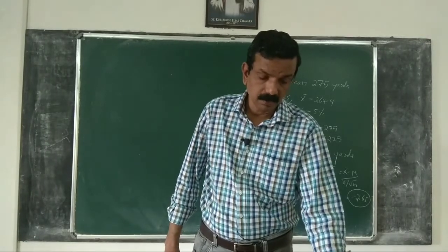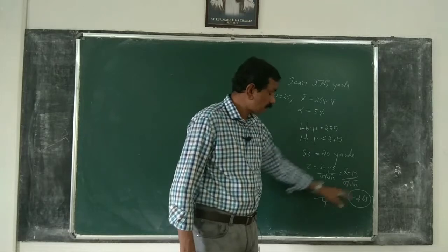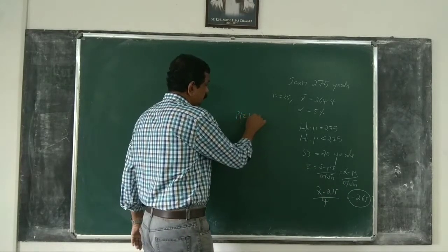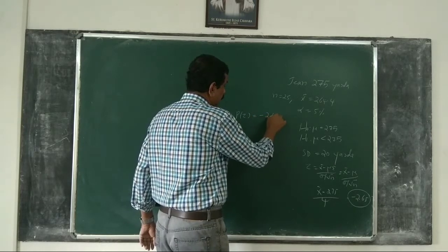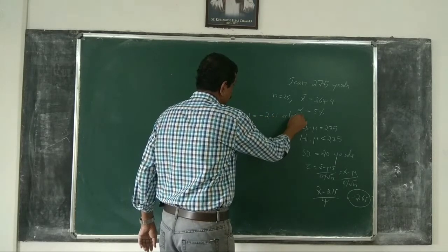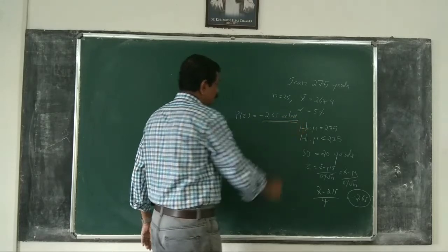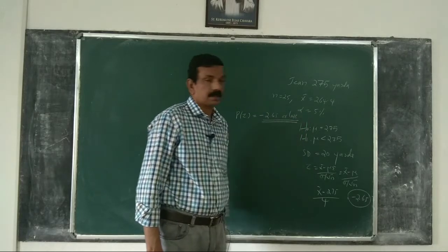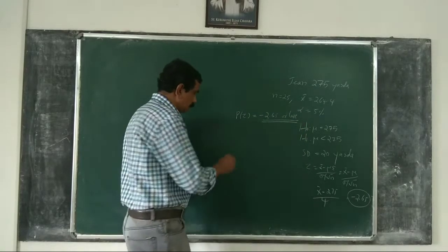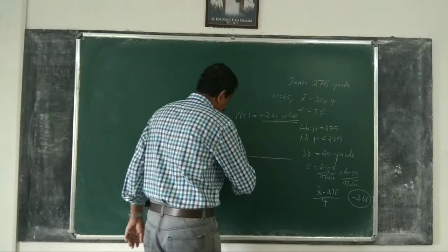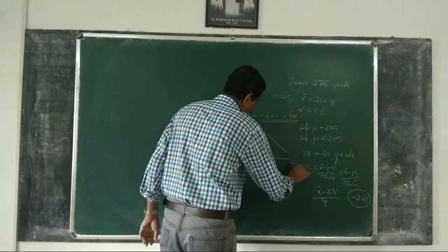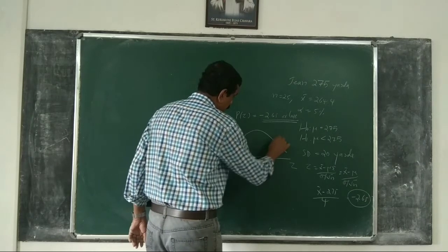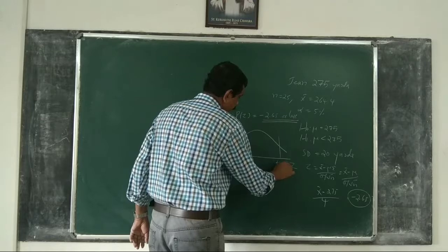Now what we do is, we ask a question. What is the probability that Z is equal to minus 2.65 or less? Remember this. If the Z distribution is given, then minus 1.96, plus 1.96.